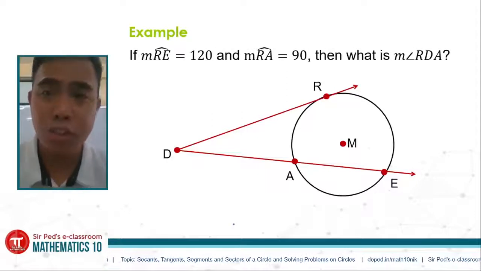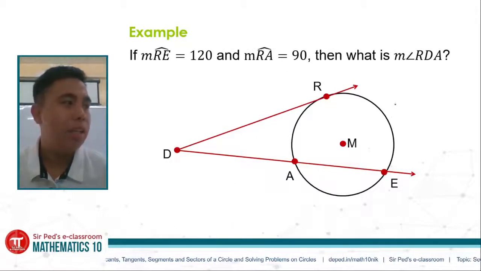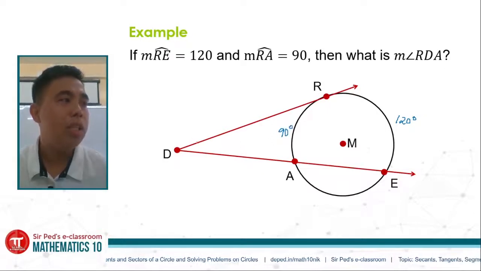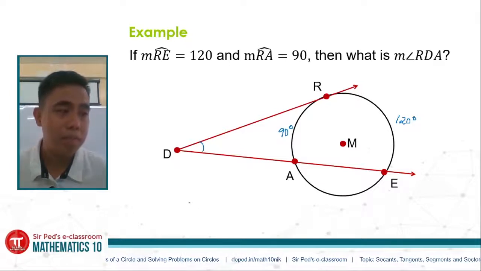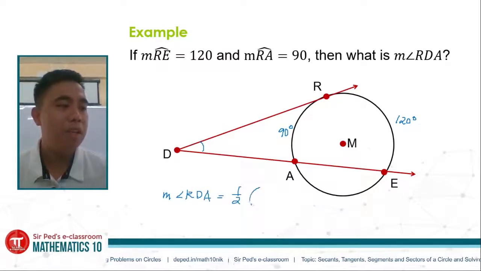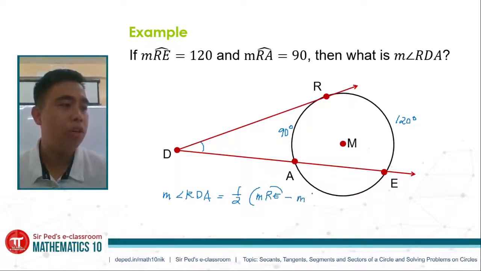Now let's proceed to the application. If the measure of arc RE is equal to 120 degrees, and the measure of arc RA is 90 degrees, what is the measure of angle RDA? It's the same. The measure of angle RDA is equal to 1/2 the measure of arc RE minus the measure of arc RA.